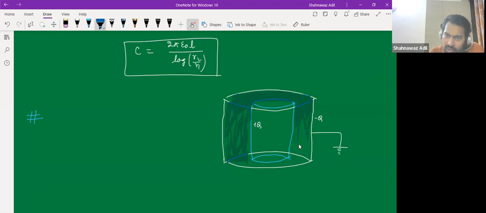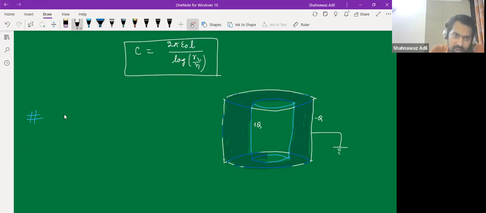So I put a dielectric slab. So can you tell me what would be the capacitance?